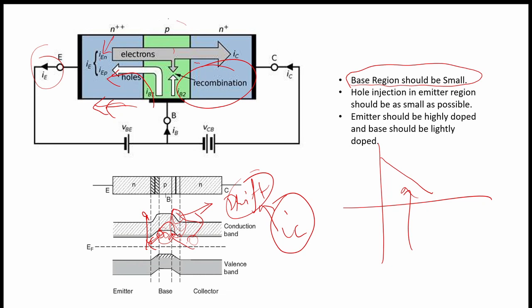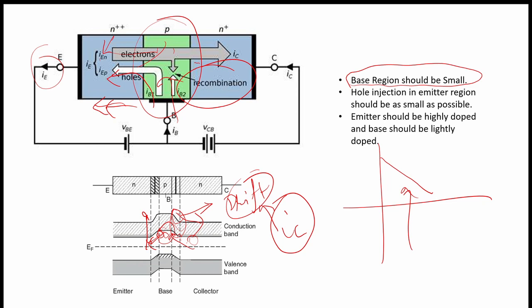So if this region is small, then there will be very little chance of recombination of the electrons in this region, because there are excess holes. There is no scarcity of the holes, but there is a scarcity of the electrons which are coming from the n side.